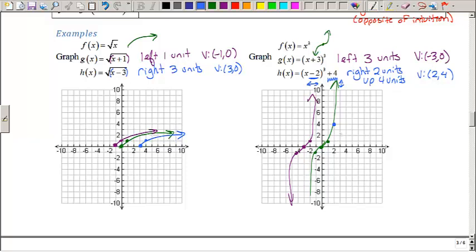Now I can shift my key points right 2 and up 4, or I could just use the key points from my vertex going right 1 and up 1, or left 1 and down 1. Now I can sketch my graph, and the blue function does look like the green function, just shifted right and up.